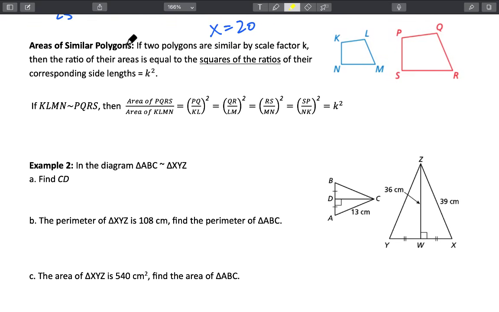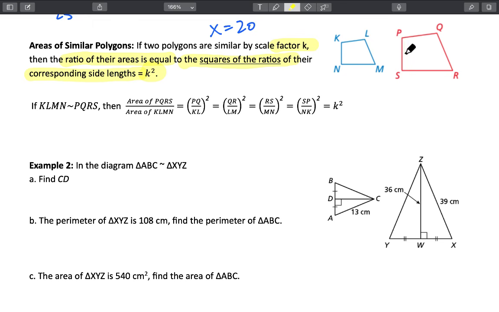Here it says the area of similar polygons. If two polygons are similar by scale factor k, then the ratio of their areas is equal to the square of the ratio of their corresponding side lengths. In other words, it will be k squared. Now, this should sound familiar. We did study this same topic earlier in the year.